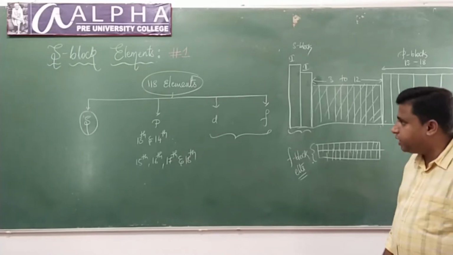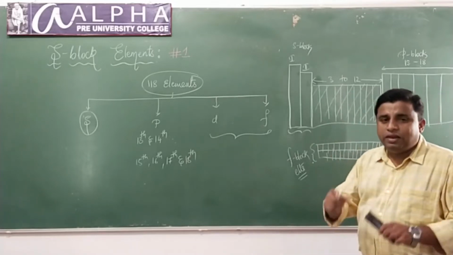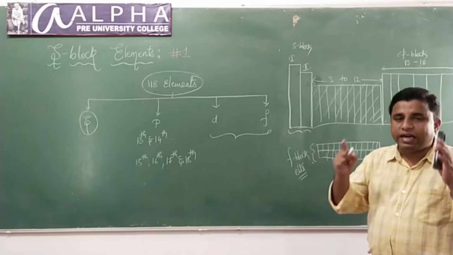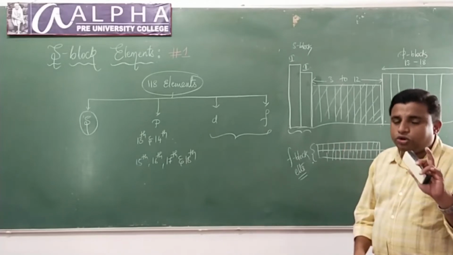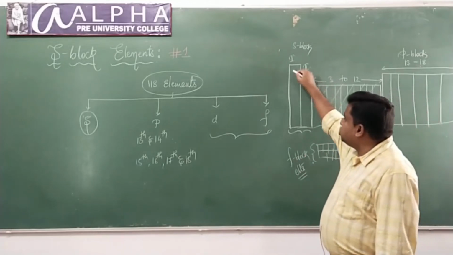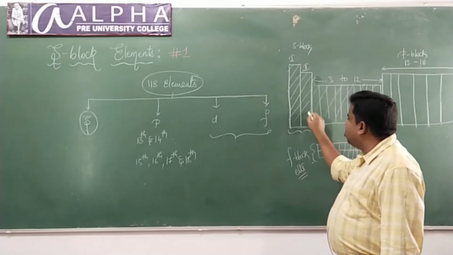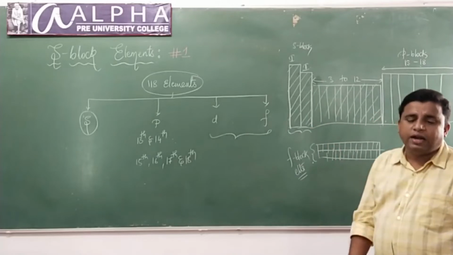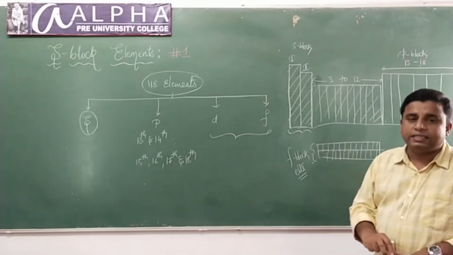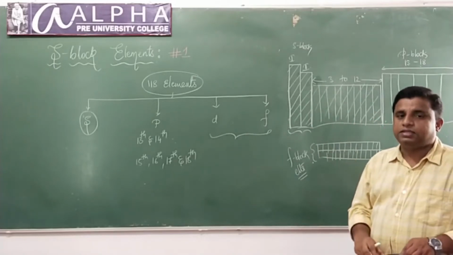Now we will confine our discussion only to two groups. Which are those two groups? Group 1 and group 2. What do you call the elements of group 1 and group 2? They are called S block elements, isn't it?